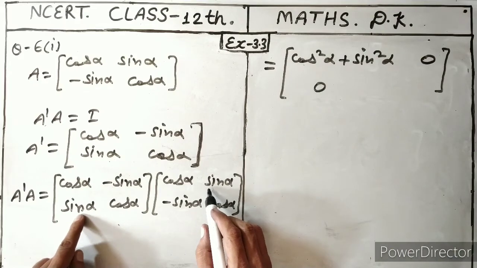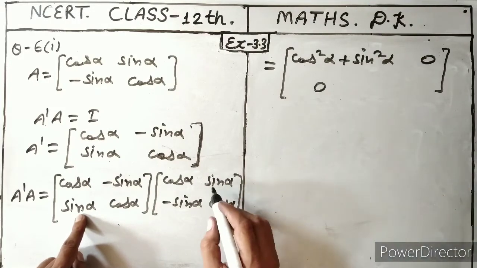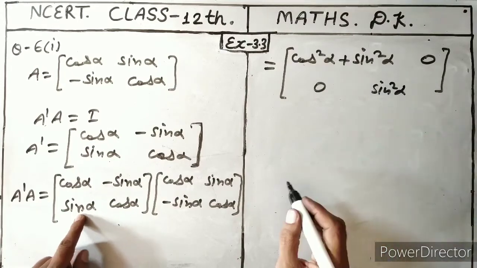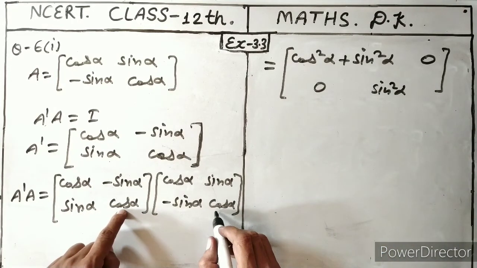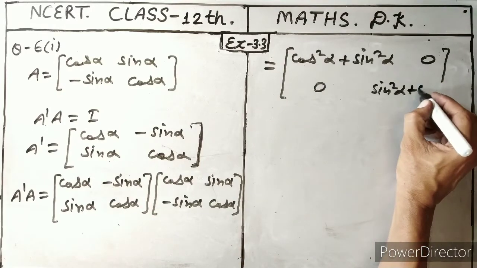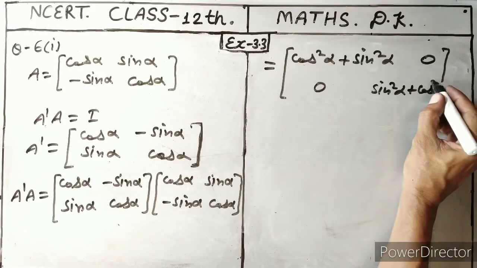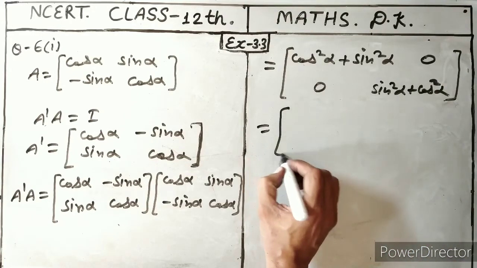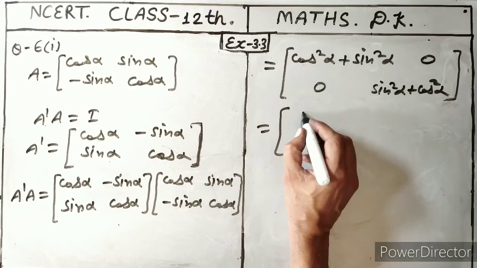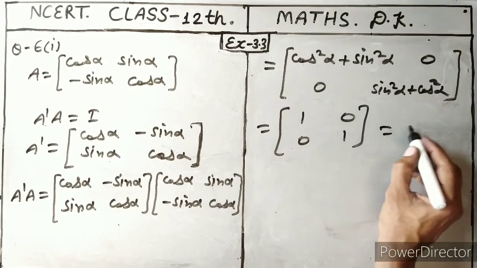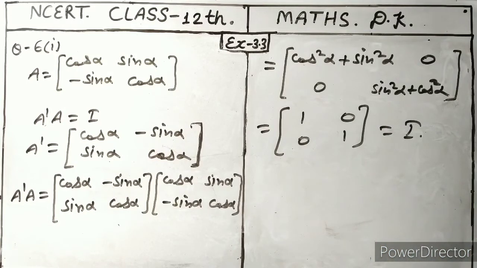Product of sin alpha sin alpha, sin square alpha, and plus cos alpha cos alpha, cos square alpha. Now cos square alpha plus sin square alpha is 1, this is 0, this is 0, this is 1, and this is identity matrix of order 2.